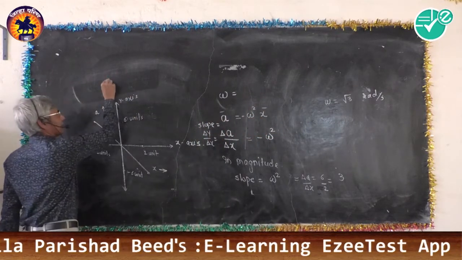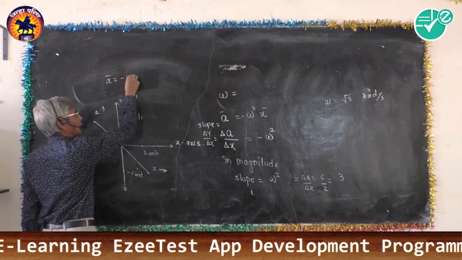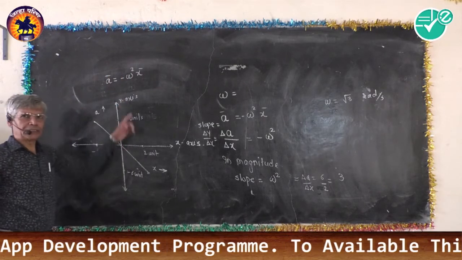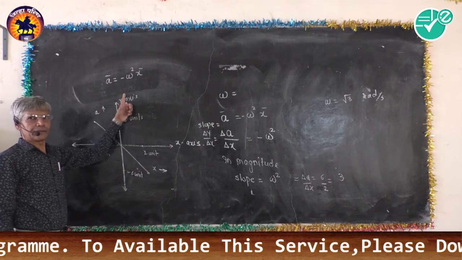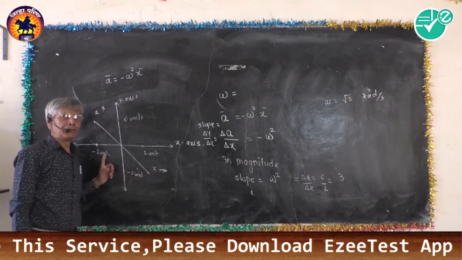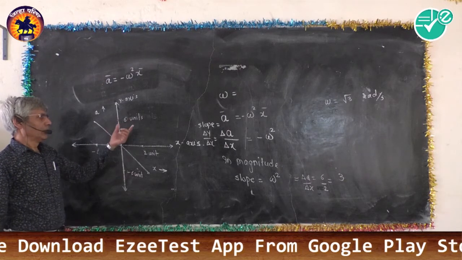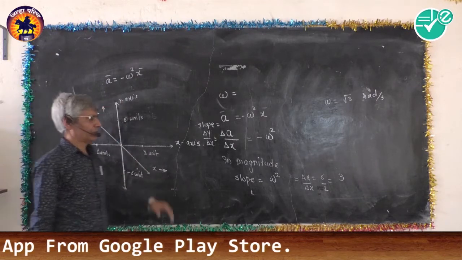So this concept, acceleration is equal to minus omega square x, which we have studied theoretically, changes like this in multiple choice questions. By using this, we can find the answer.